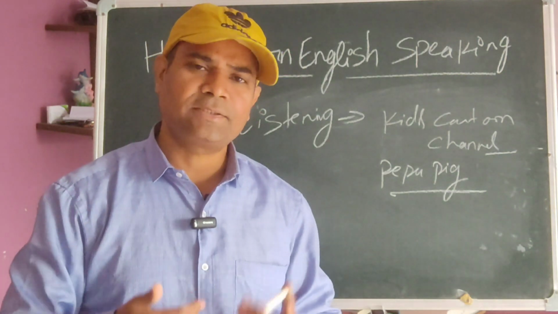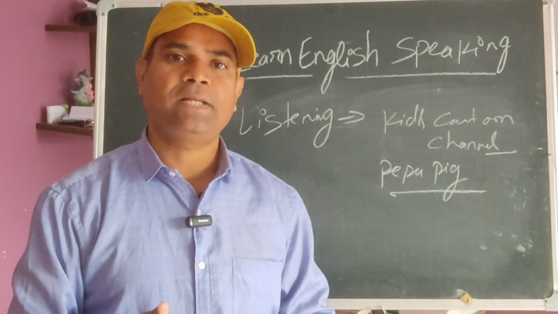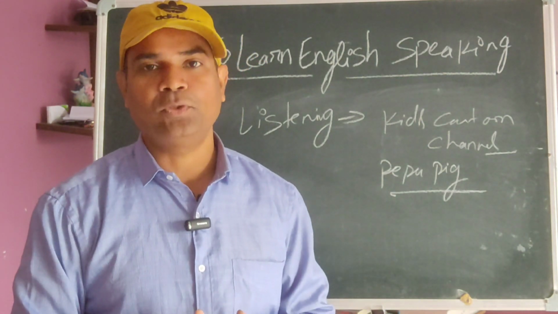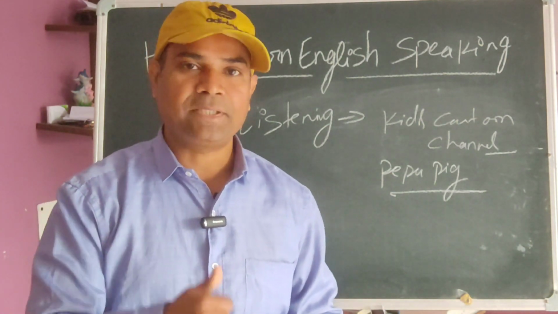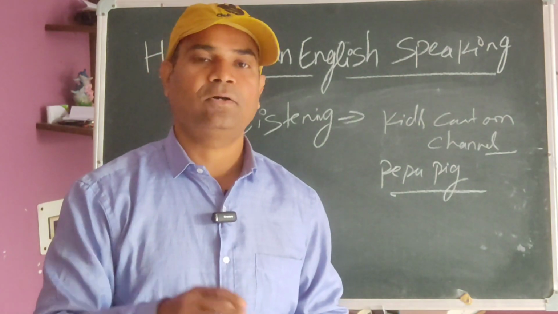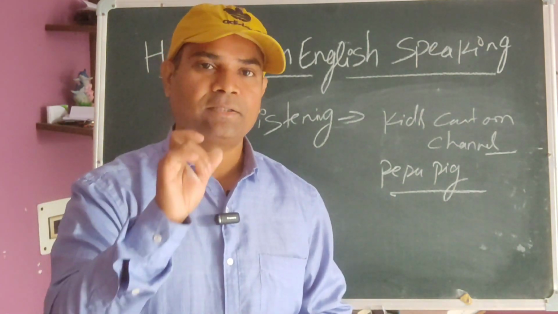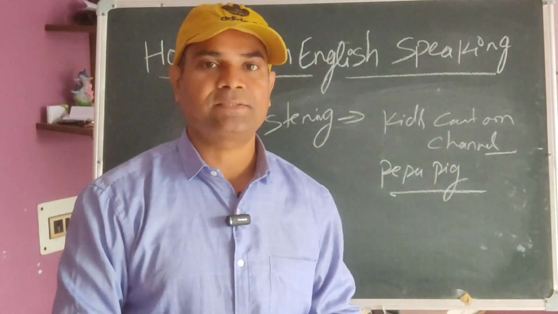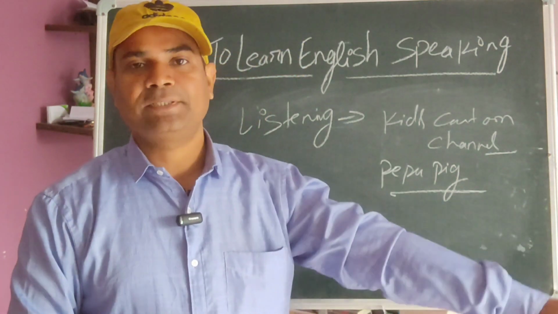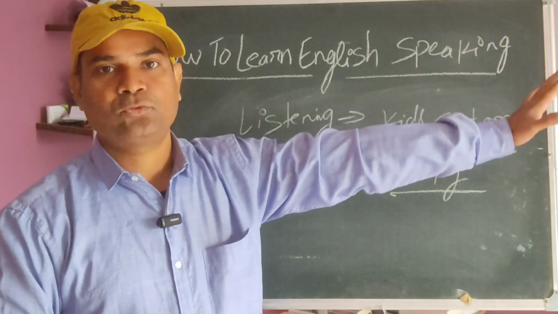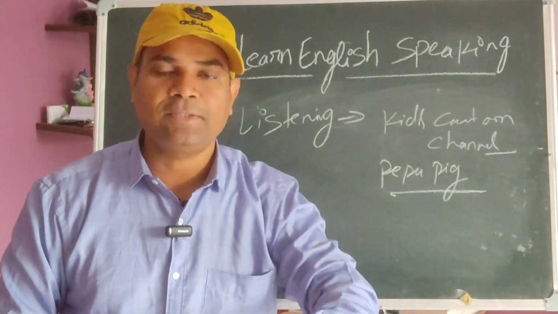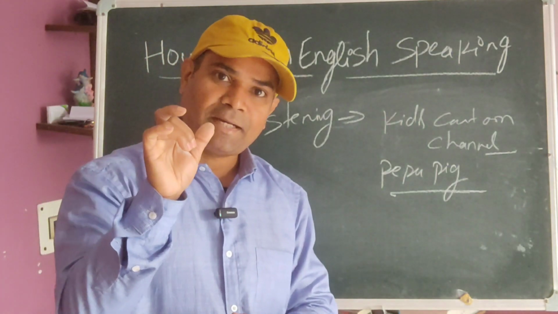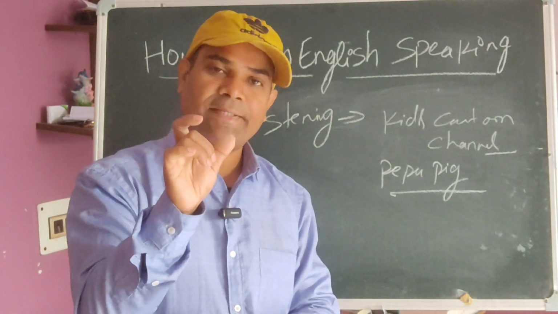After continuous listening, after 1.5 or 2 years, you became habituated to whatever they said. And when you started speaking, your father or mother taught you in small sentences: "Beta, yahan mat baitho," do not sit here, go there, do not drink it, do not cry, do not fight. So parents form small sentences and tell them in small sentences.